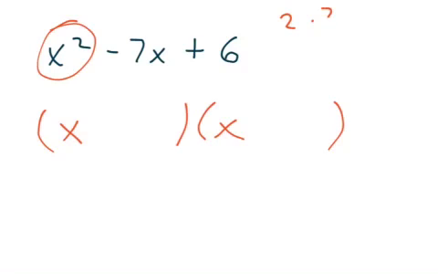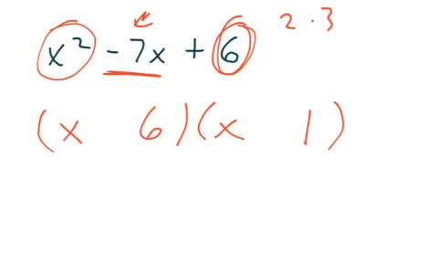Now, 2 times 3 is 6, but that doesn't give me the 7 right there, you see? What's another way to make a 6? How about 6 times 1 is 6? How do I get the minus 7, though? Negative 6 and negative 1 is negative 7x, isn't it? And there's my answer, guys.